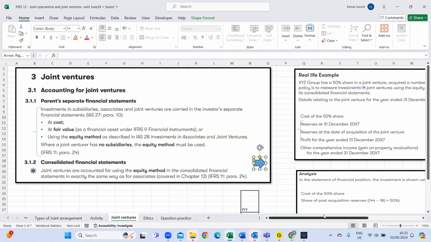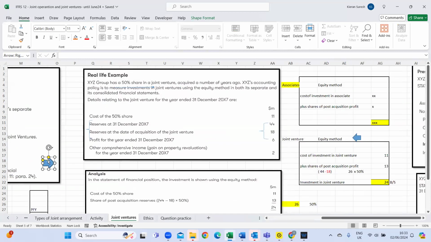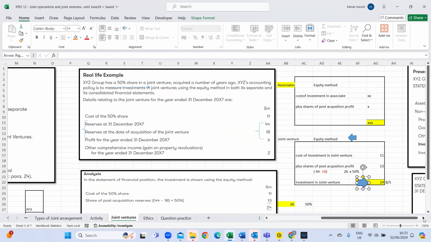I'll quickly show you where it would appear in the balance sheet. This is an example of a joint venture, which we have calculated. So the cost of investment in the joint venture, plus the post-acquisition profit of the joint venture, would be the figure that appears on the balance sheet.